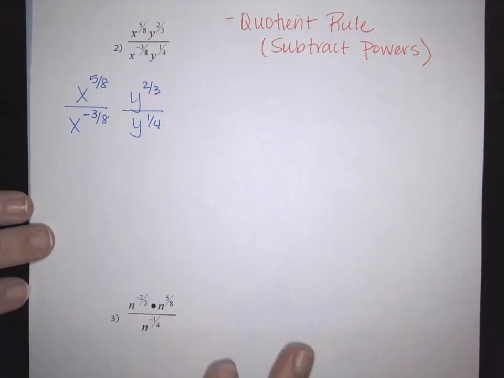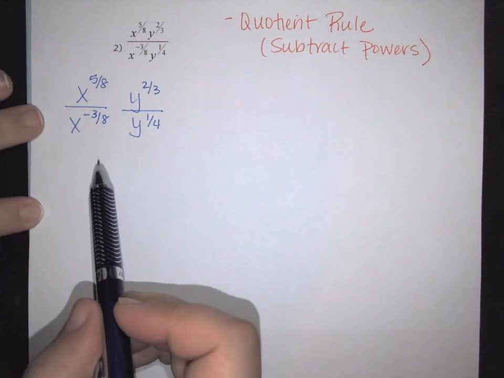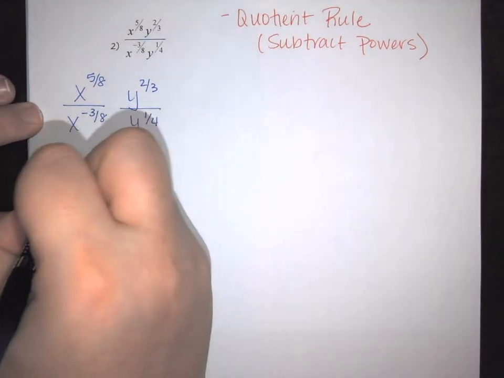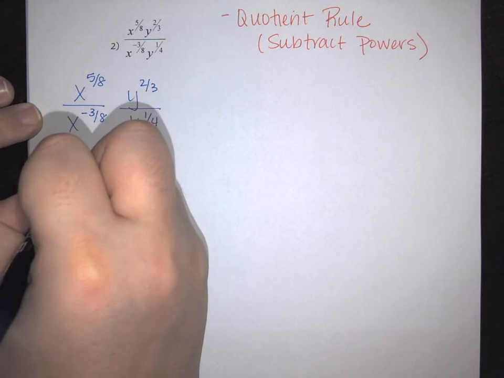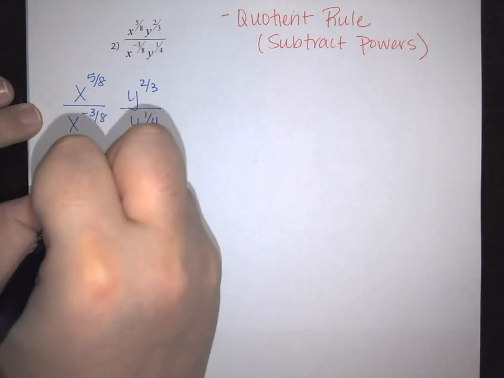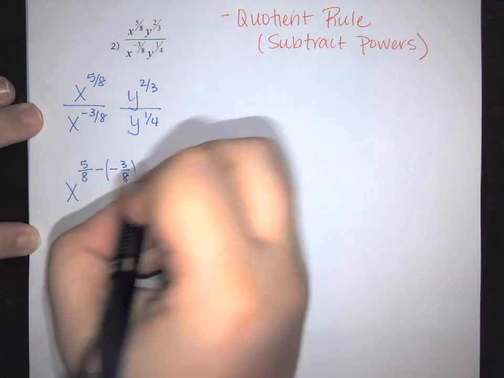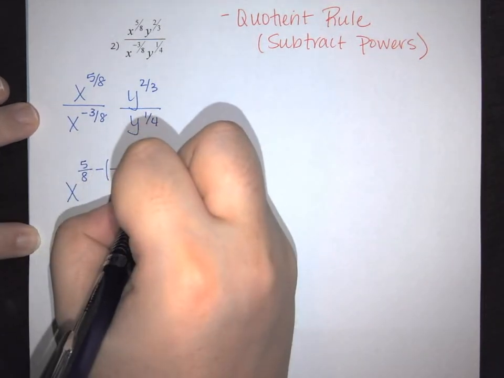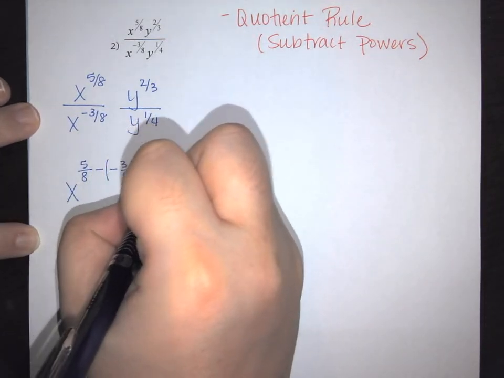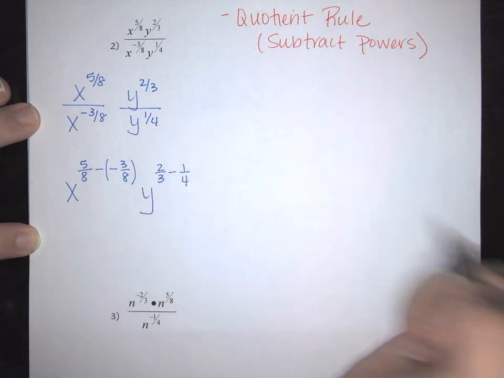With that, we're going to use that division rule, which says the first term is going to be x to the 5/8 minus the negative 3/8, and then I'm going to have y to the 2/3 minus 1/4.